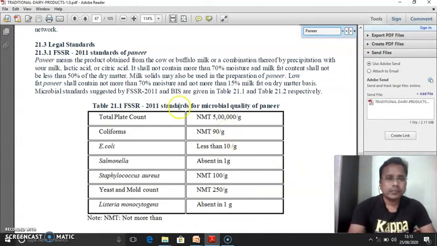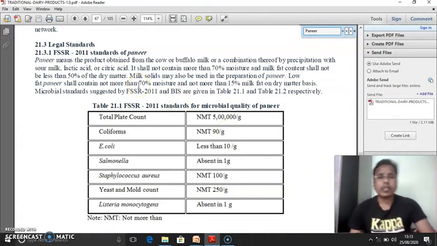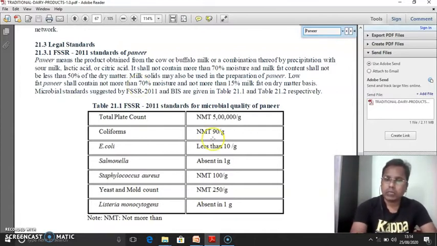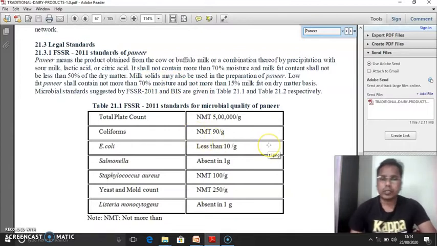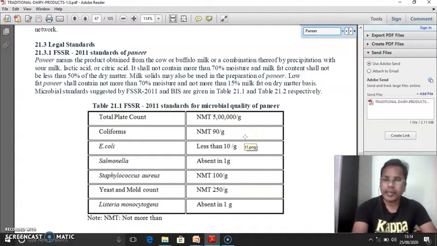These are the FSSR 2011 standards for the microbial quality of paneer. Total plate count should not be more than 5 lakh per gram. Coliform should not be more than 90 per gram.